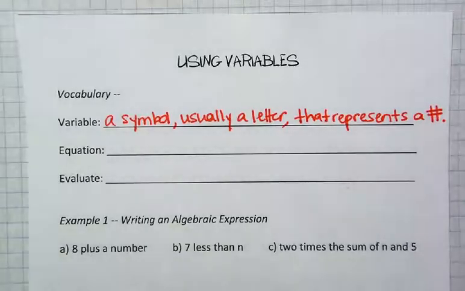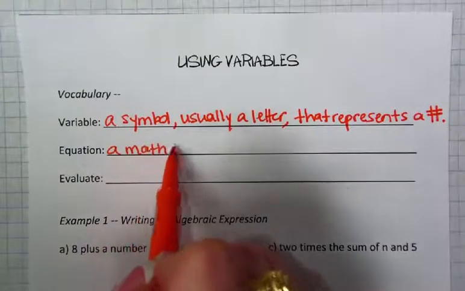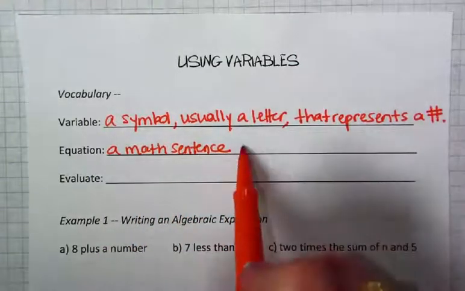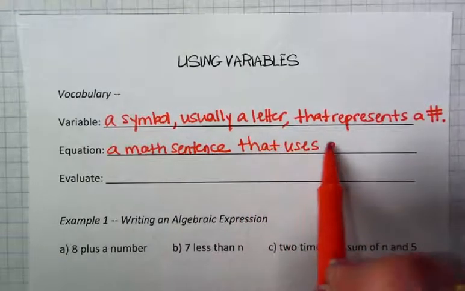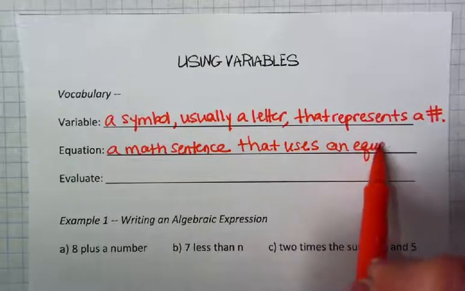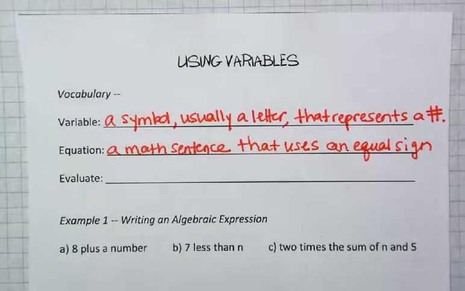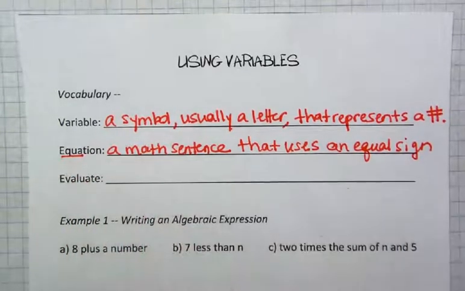Now we've already defined algebraic expression when we did order of operations. We also have equations. An equation is a math sentence that uses an equal sign. Part of the word equation almost looks like the word equal, so we've got that EQUA there.